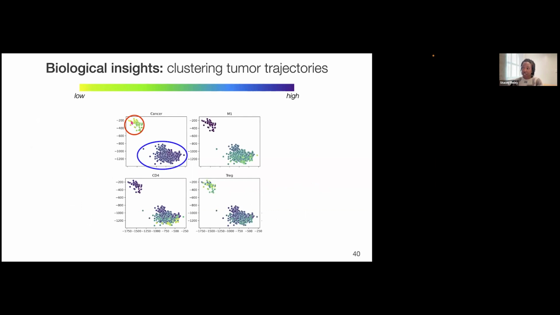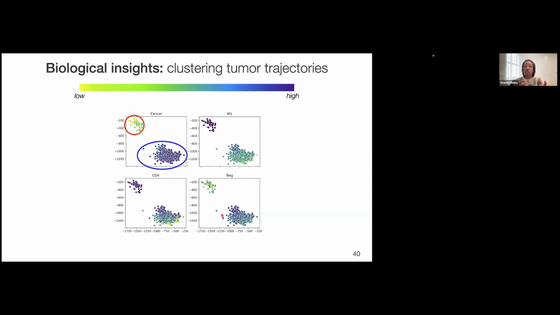So for the red cluster, any of those tumor trajectories in the red cluster, at the final state of the simulation, have very few cancer cells compared to the blue cluster, which has a lot of cancer cells. And we see that that aligns nicely with the cluster that has just a few cancer cells having low numbers of T regulatory cells, whereas the blue cluster has a lot of T regulatory cells.